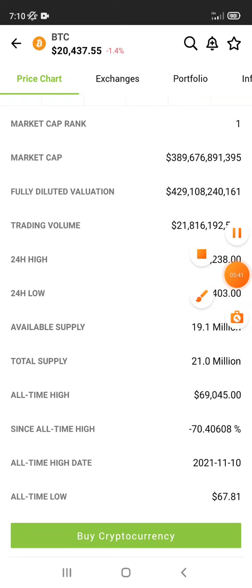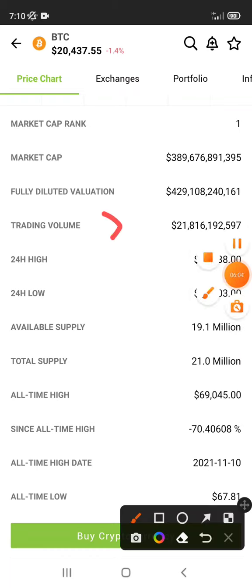But trading means either buying or selling. So trading volume means the amount of that coin that has been sold or bought in the past 24 hours. For example, $21 billion of Bitcoin has been traded in the past 24 hours. So that is the meaning of trading volume.